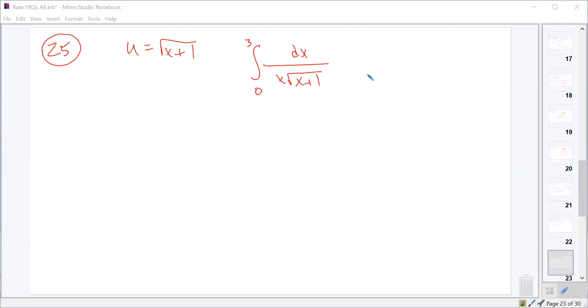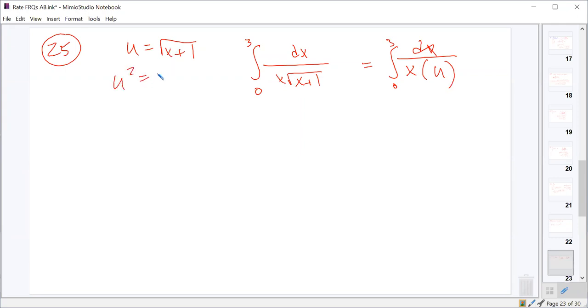Okay, so the best way for us to take a look at this one is to first off recognize that this root x plus 1 is going to become a u. And so this will become an integral from 0 to 3 of dx over x times u. But then we also have to replace the x. And so to do that, we can solve this for x.